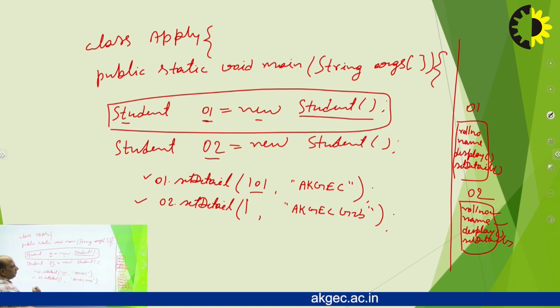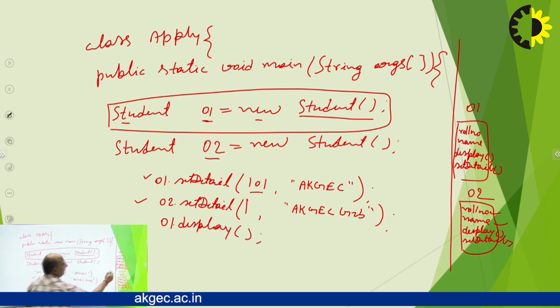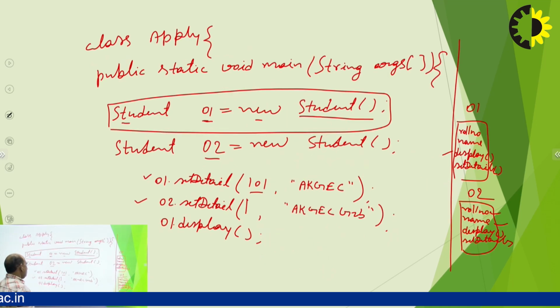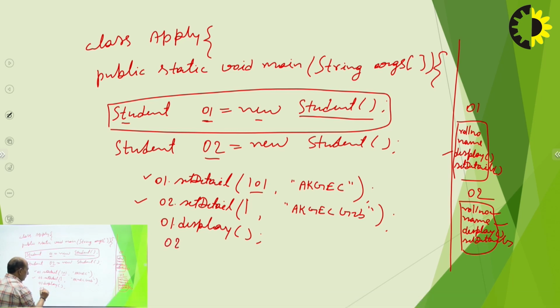To call that function, just call O1 dot display, and this display function of O1 will be called. It is just displaying the roll number and name set by the object. Similarly, you can call O2 dot display to display the variable values set by the O2 object.